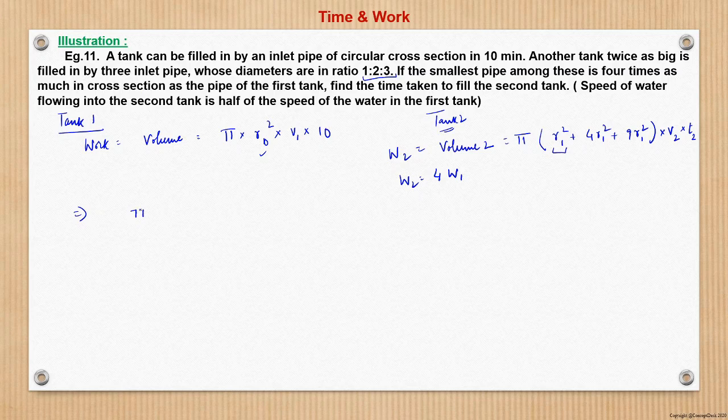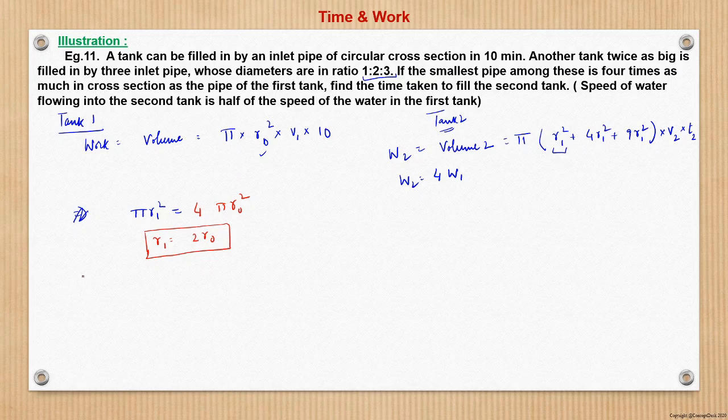So pi R1 square is nothing but 4 times pi R0 square. This is given. So here we can say R1 is equal to 2 times R0. So this relation we will make use of.